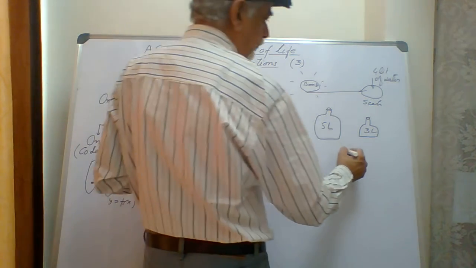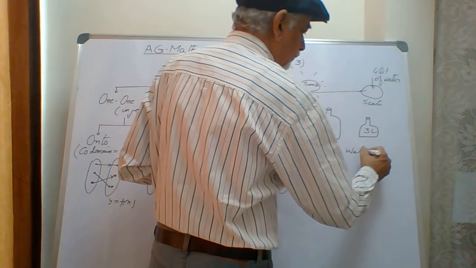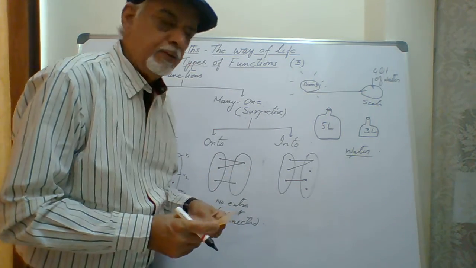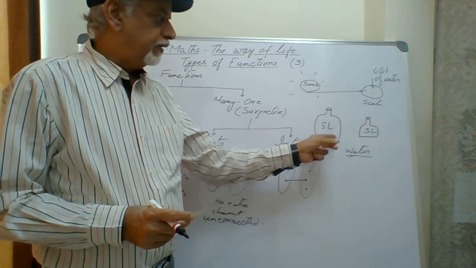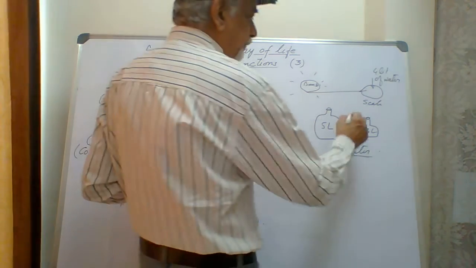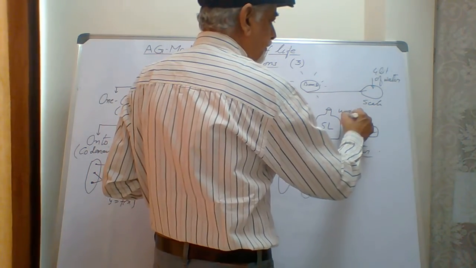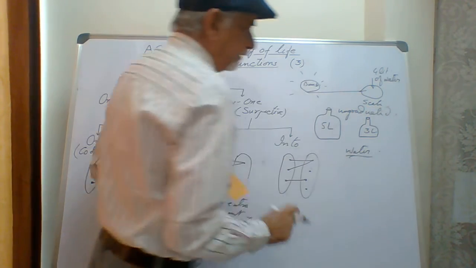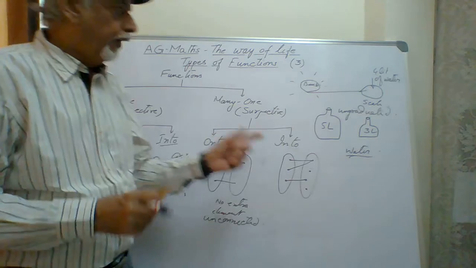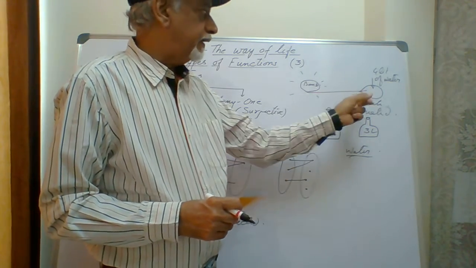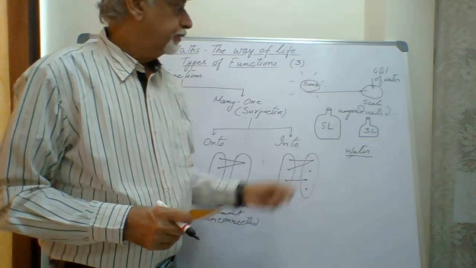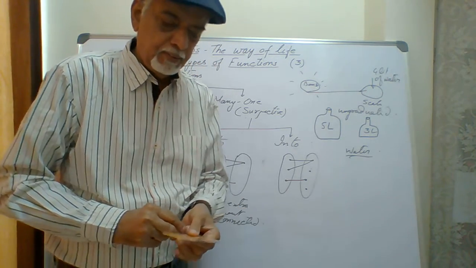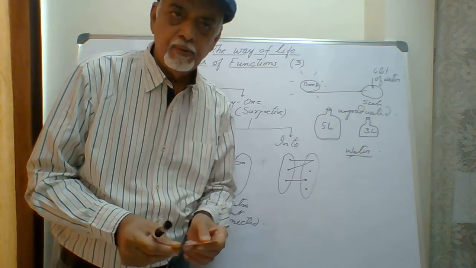Enough water is available, there is no shortage. Enough water is flowing there, and we have access to only 5 liter and 3 liter jars, but ungraduated. There is no graduation. Tell me how you will quickly measure exactly 4 liters to put on this so that the bomb gets diffused. Otherwise, everybody dies. So that is the riddle for today.